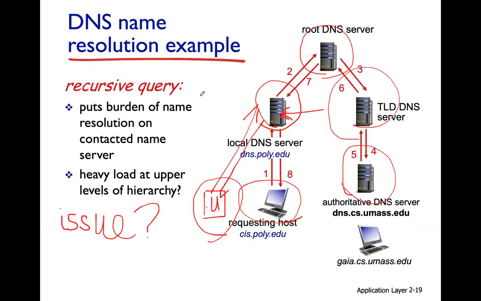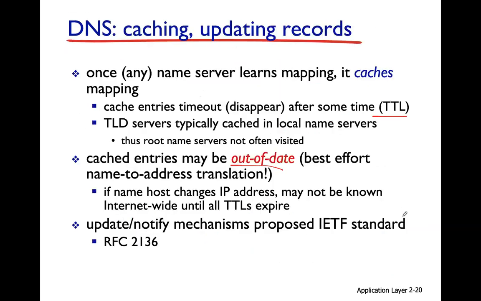Because if I give you cs.umass.edu, it will give you the authoritative DNS server name, dns.cs.umass.edu.